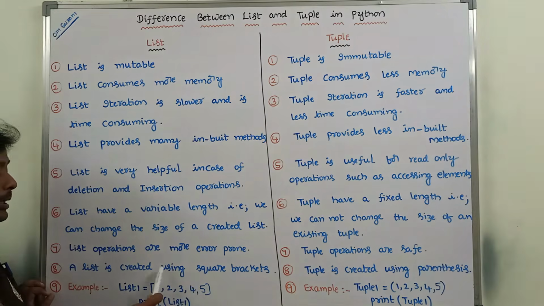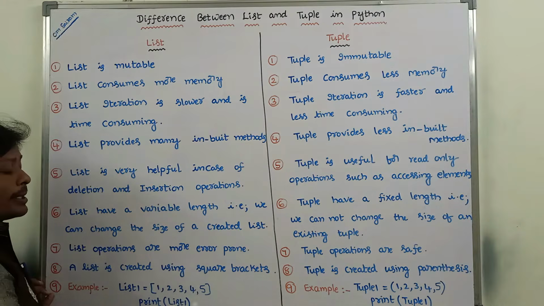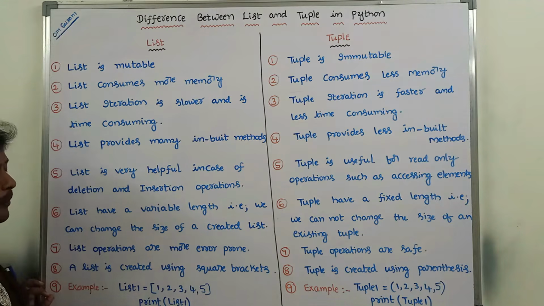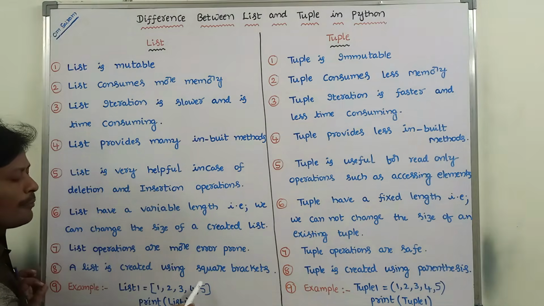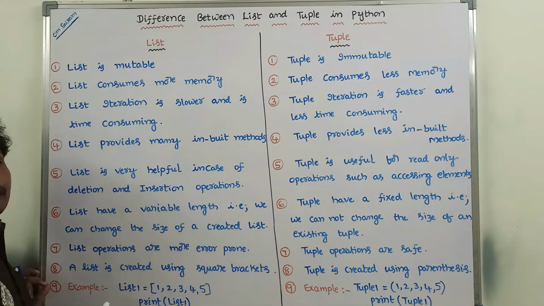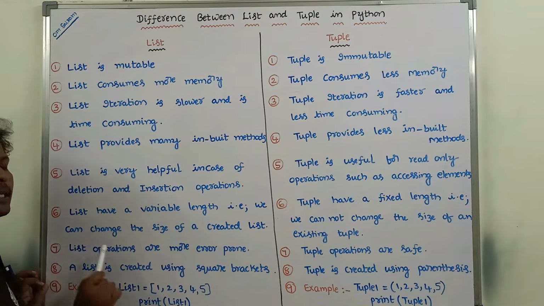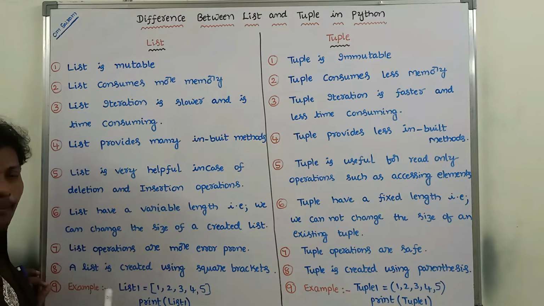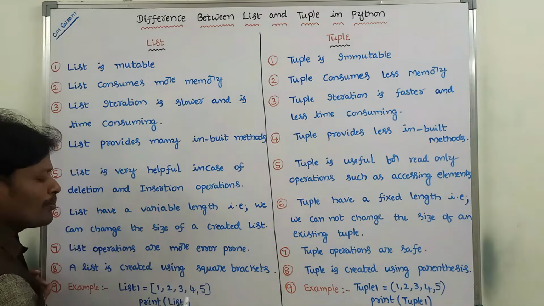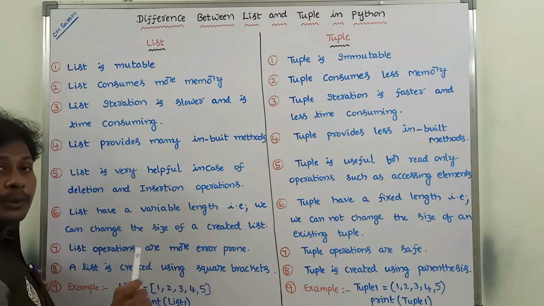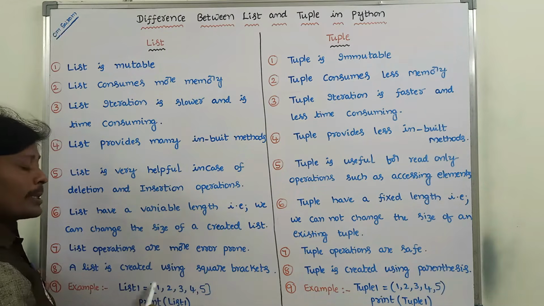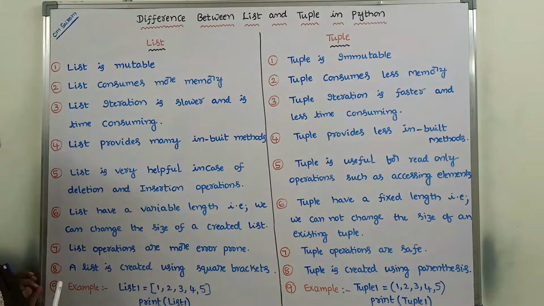These are the data objects separated by commas. Here we use square brackets to create the list. Here list1 is the list name, and the data objects 1, 2, 3, 4, 5 are separated by commas.